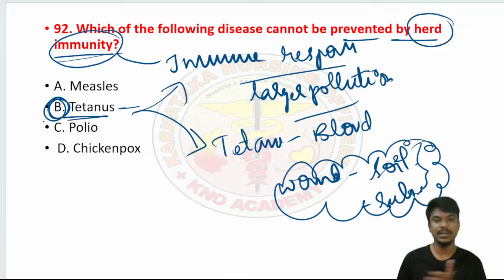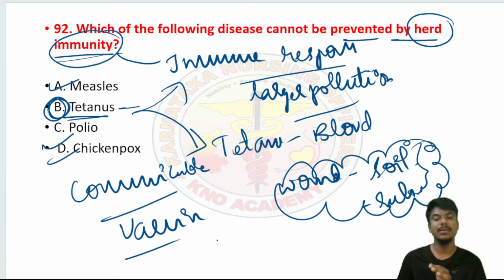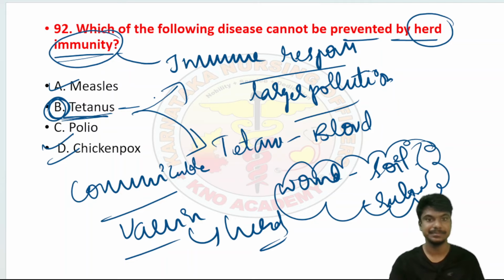So this is not at all related to community immunity. Measles, polio and chickenpox are highly communicable diseases, and if you give vaccines you can achieve herd immunity, but tetanus cannot give herd immunity.